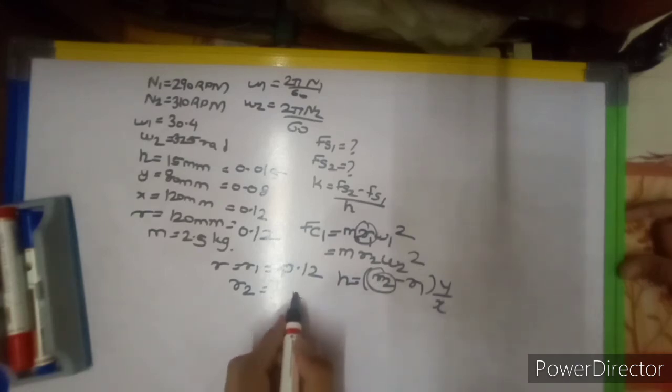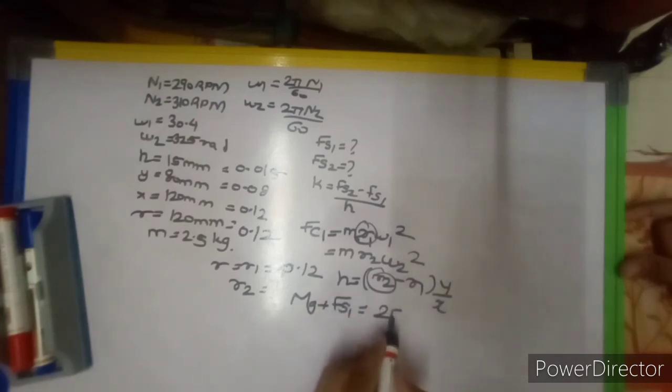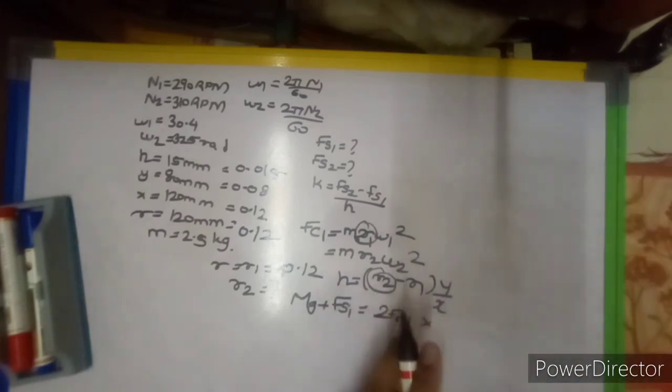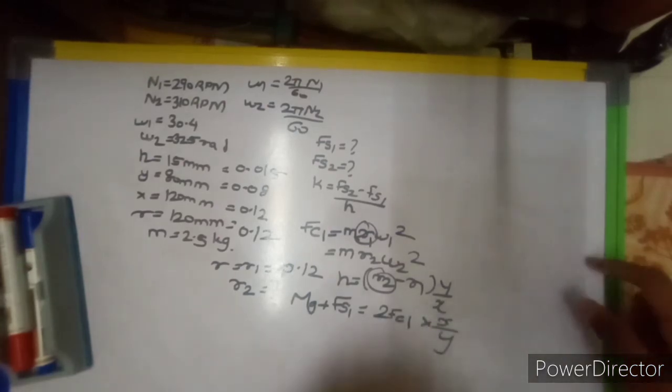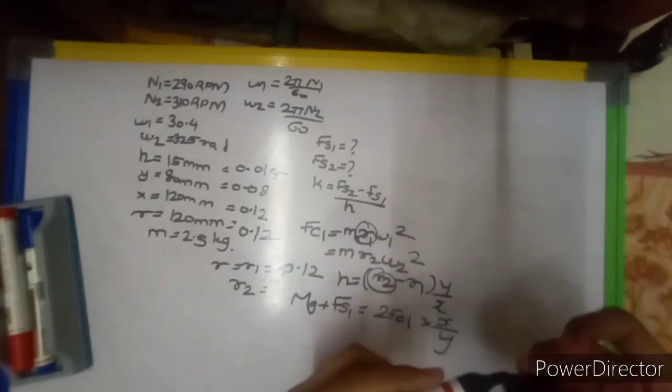Then finally you have to apply mg plus Fs1 is equal to 2Fc1 into x by y. Here the obliquity effect is neglected. So these are the basic formulas you have to apply.